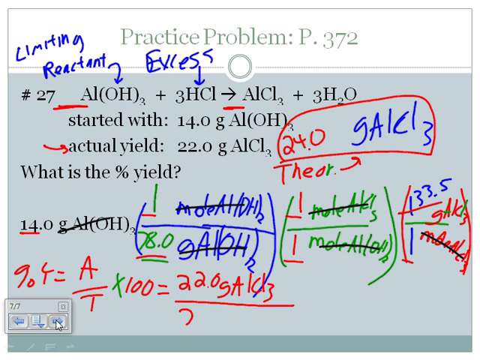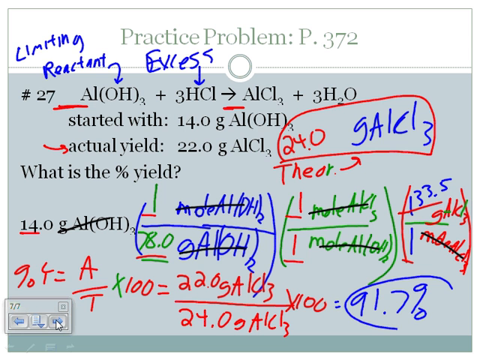Theoretical, which we just came up with, 24.0 grams AlCl3, times 100. 22.0 divided by 24.0 times 100, and we will get 91.7% for our answer.